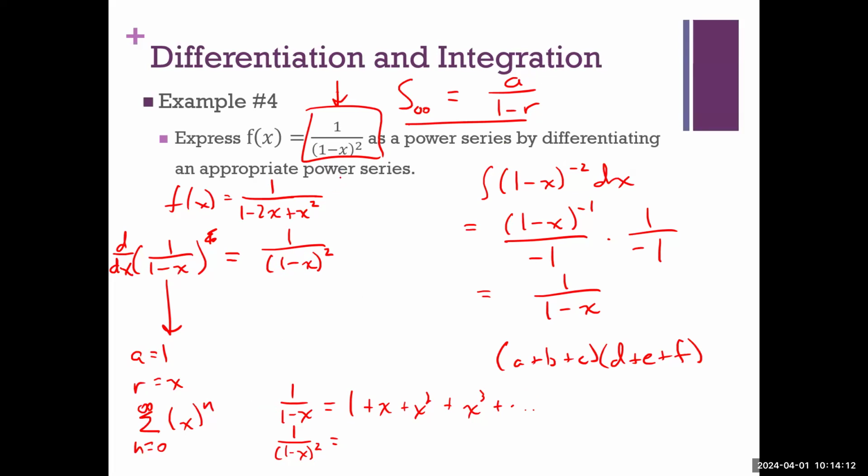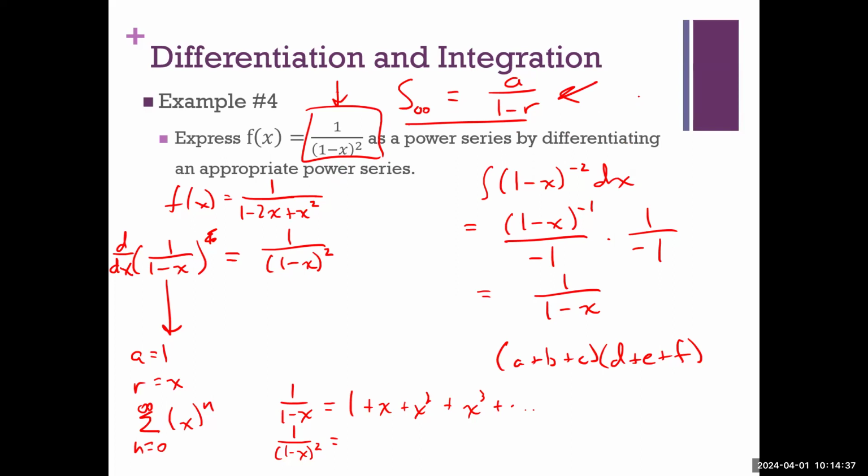Because here's kind of, to reset the stage, the bottom line goal here is I want to take a function and represent it as a power series. Until very recently, the only real way I had to do that was to somehow make that function look like this, which is the sum of a geometric series.